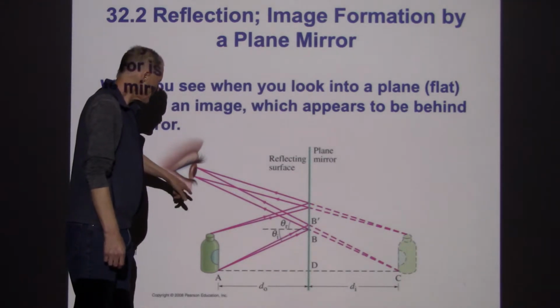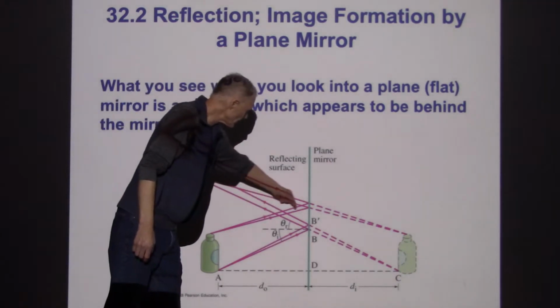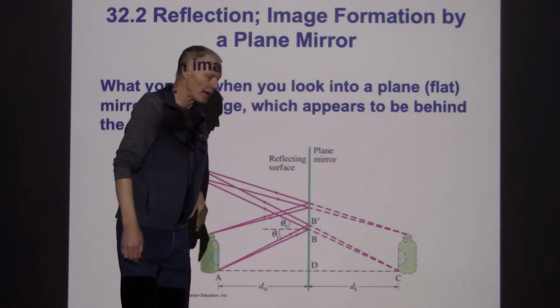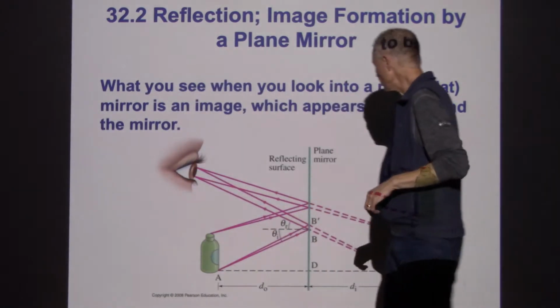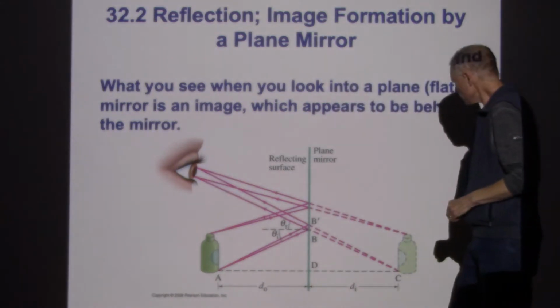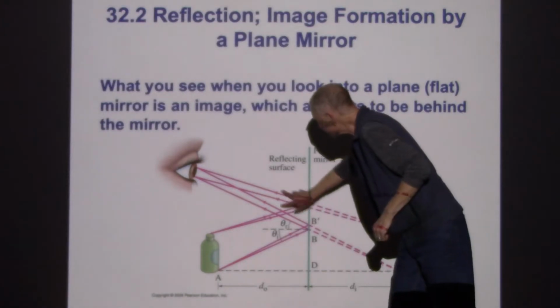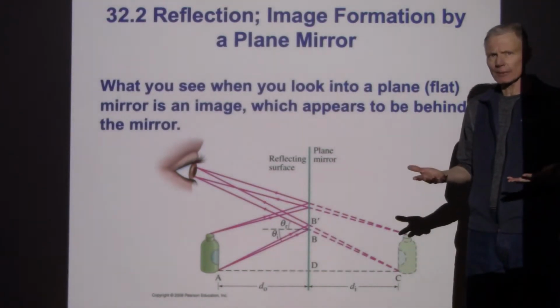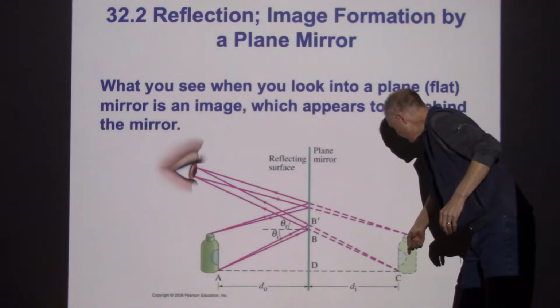What's happening here is that we're getting this reflection at the same angle as the incident light. If you do a little geometry here, what you can see is that for a plane mirror, the path that the light takes after striking the mirror is going to look as if it's coming from this location.